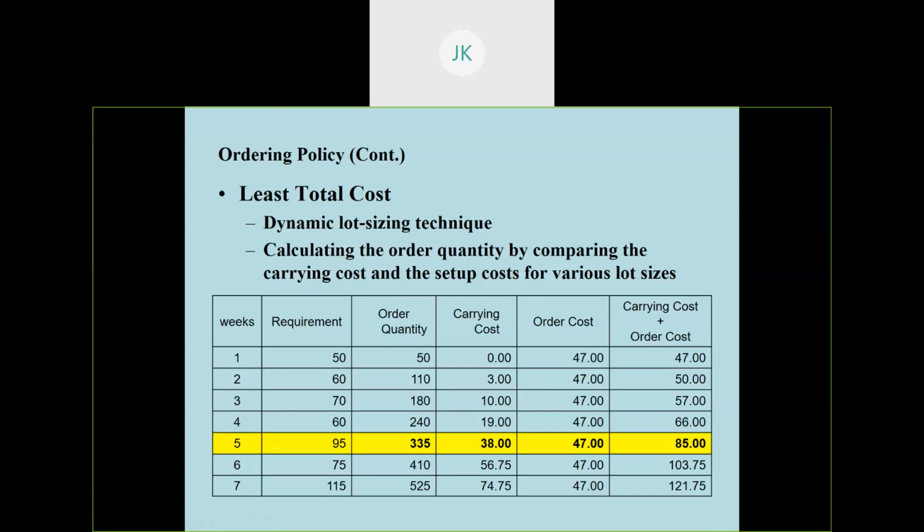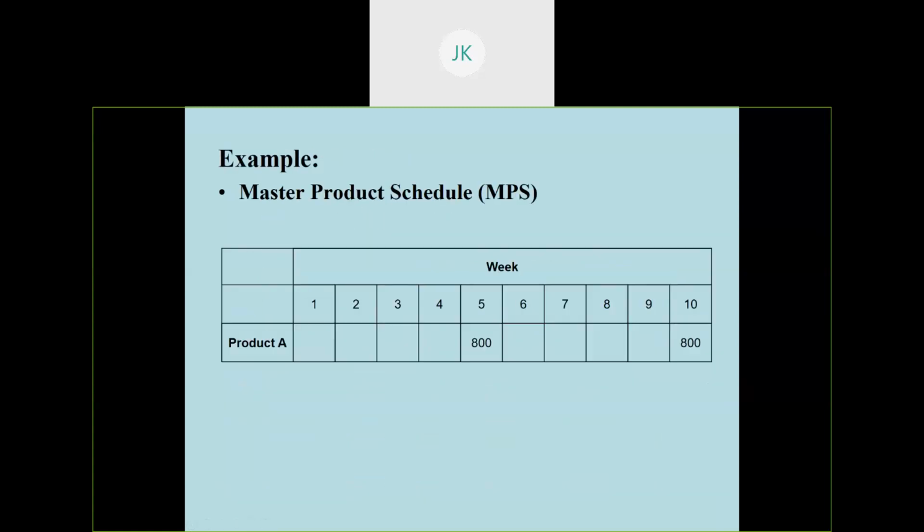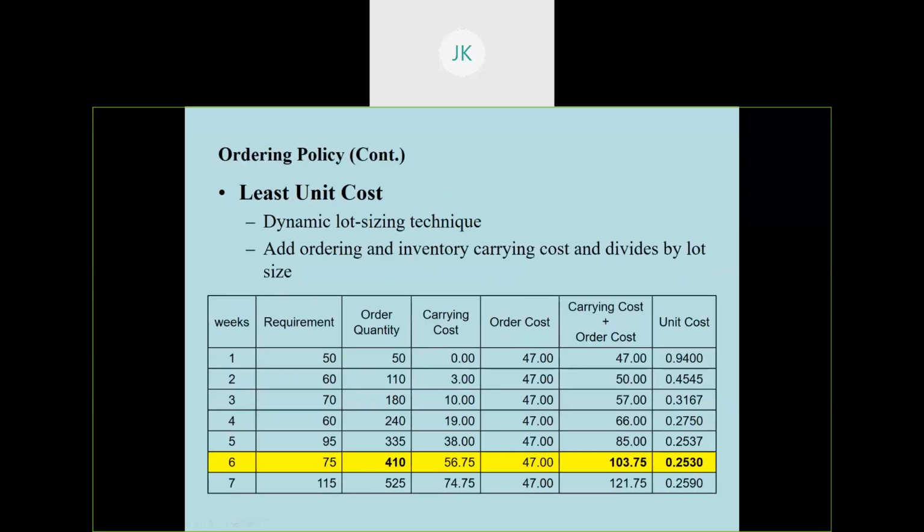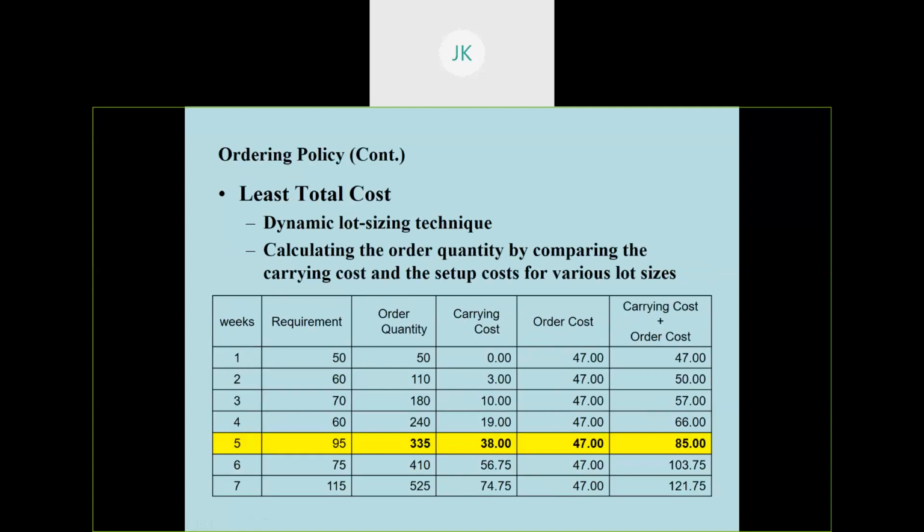Next ordering policy is least total cost. We talked about this one when we covered order size, EOQ, and inventory management.